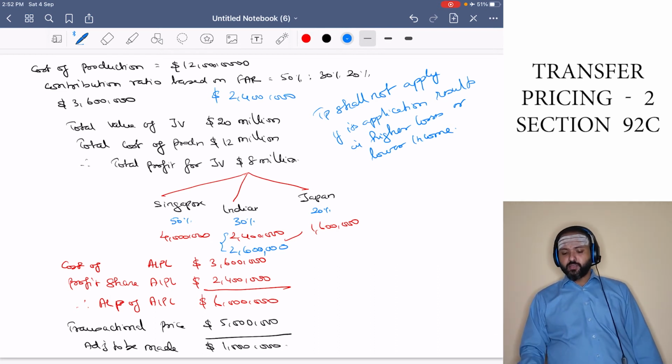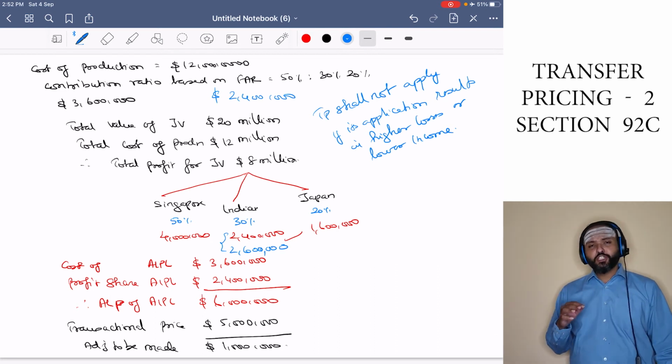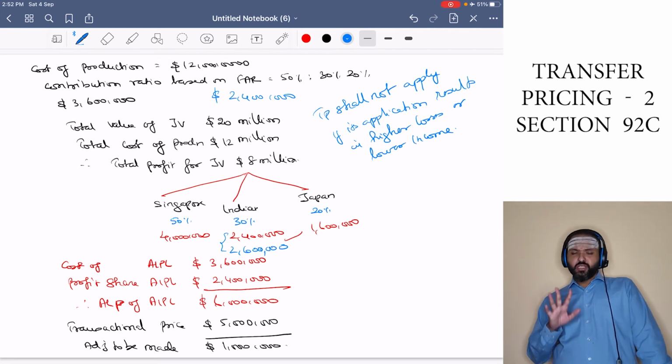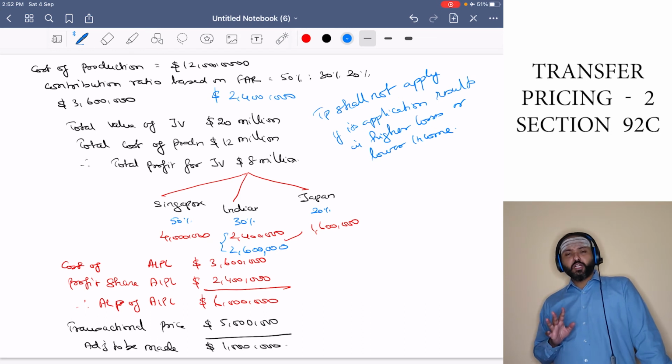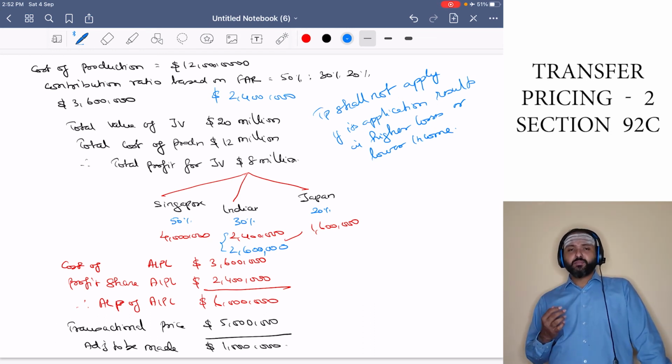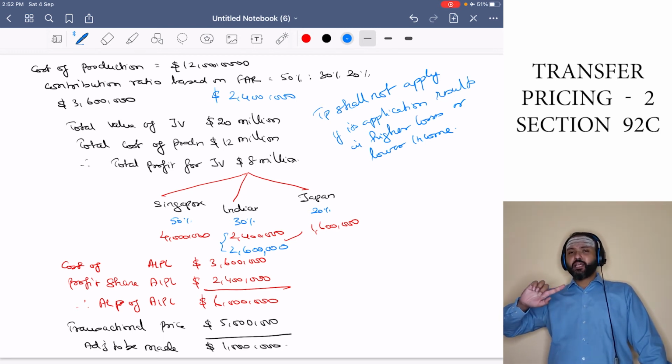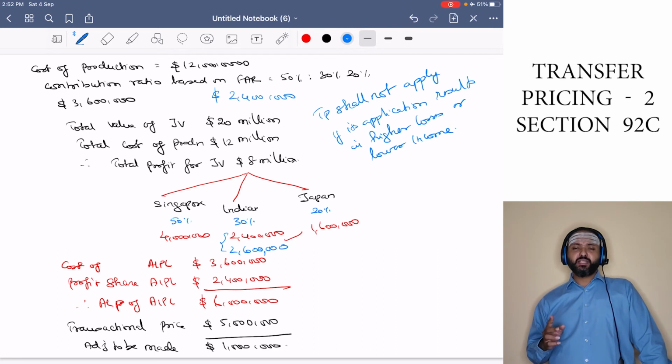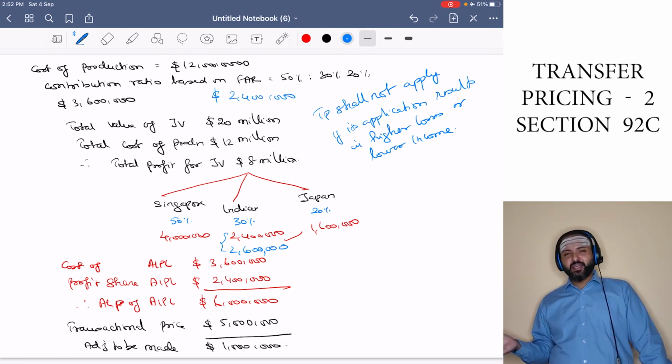So what is the conclusion? Under the profit split method, we will first try to ascertain the total profit of the venture. From the total profit of the venture, we will split it to each co-venturer, and this profit will be added to the cost to arrive at the arm's length price. This arm's length price will be checked with the transaction price, and if arm's length price is greater than transaction price, the difference will be adjusted.